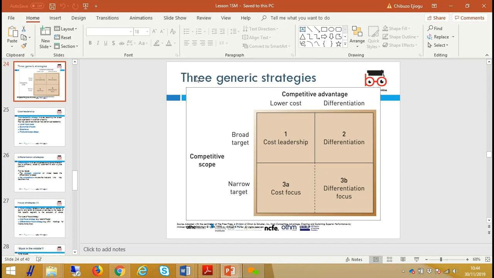So that's differentiation focus now. You're focusing on differentiating your product. So whenever we talk about focus, you are saying you are targeting a specific part of the market rather than the whole market, right? Okay. So that's your focus strategy.